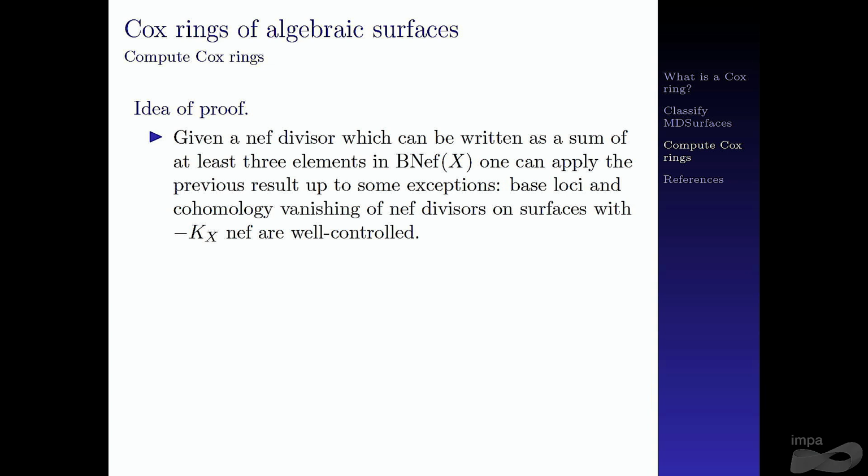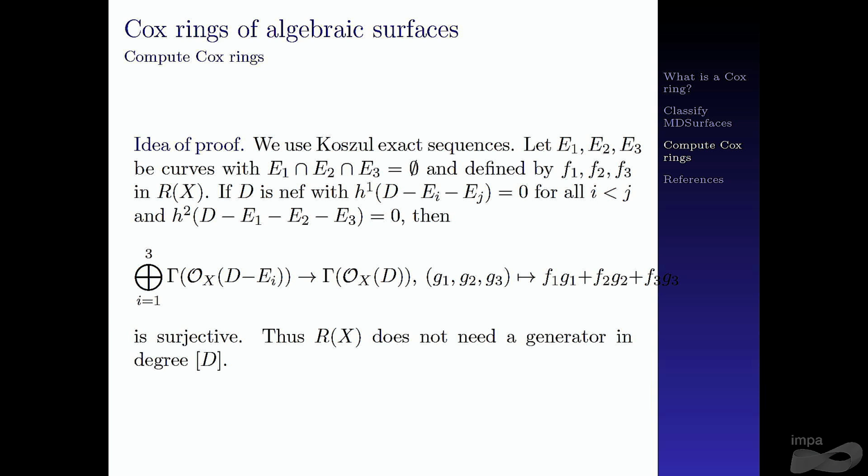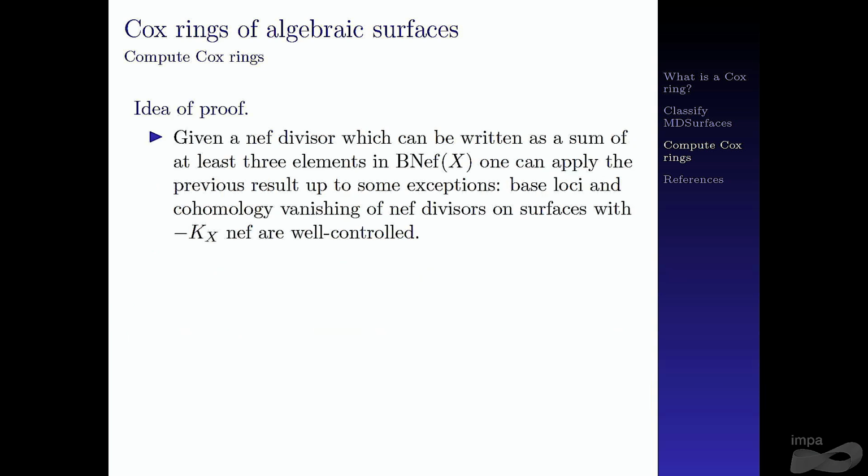Moreover, if we take our NEF divisor and we subtract some of its components, when we write it in the Hilbert basis, we still have an F divisor, and we can easily get vanishing results, up to some exceptions. This is what leads to the exception in the theorem, but it almost always works. Okay? And this is the main point.